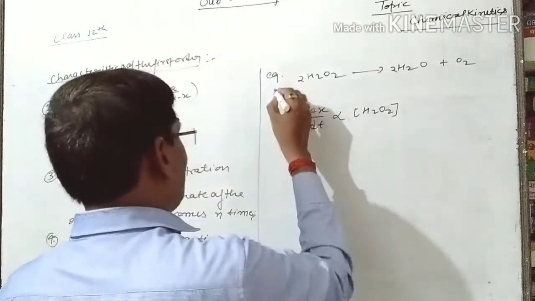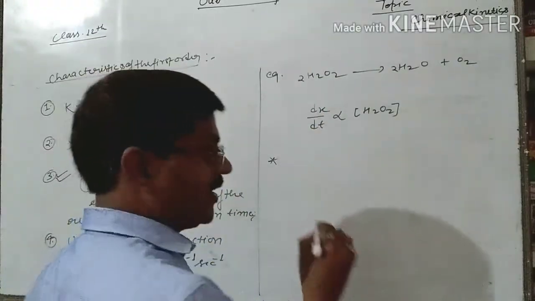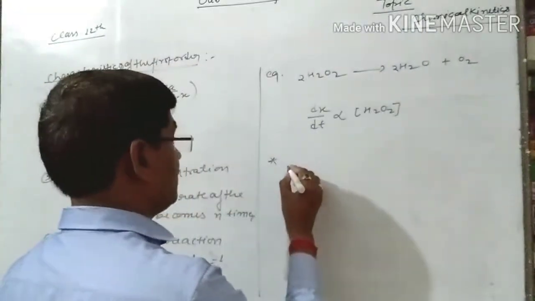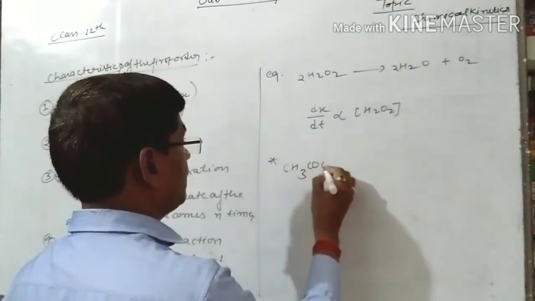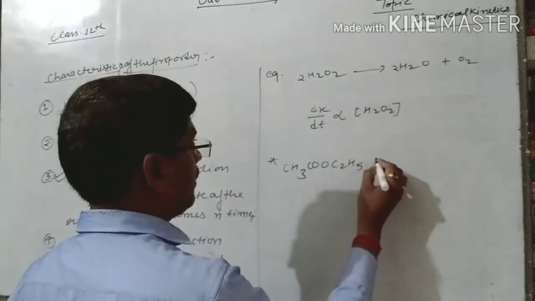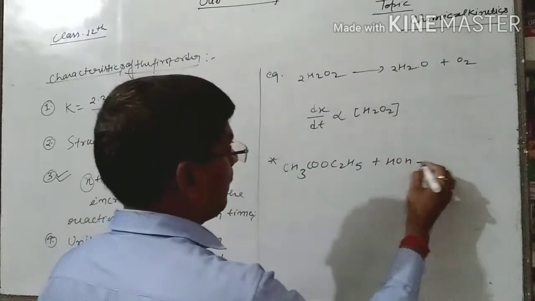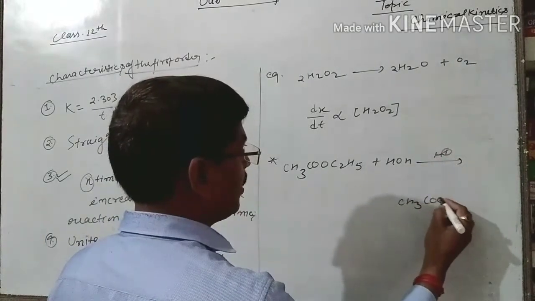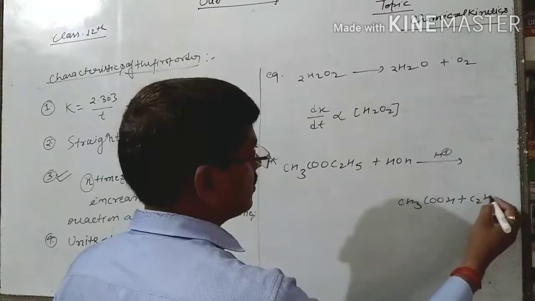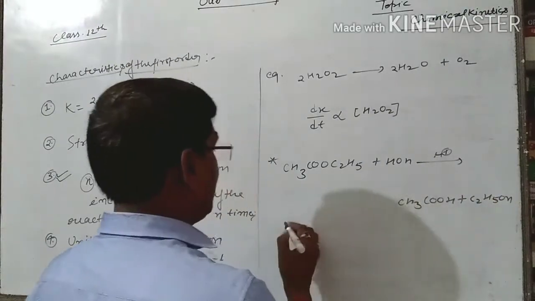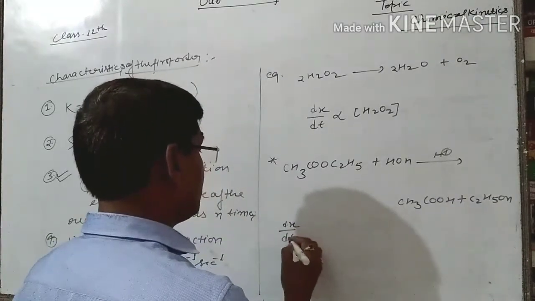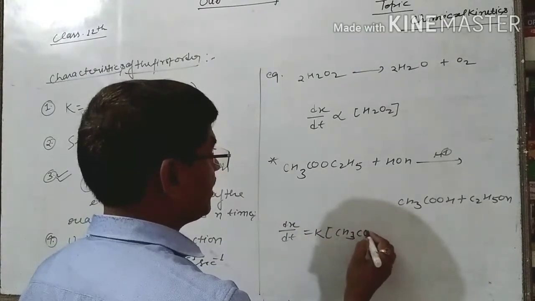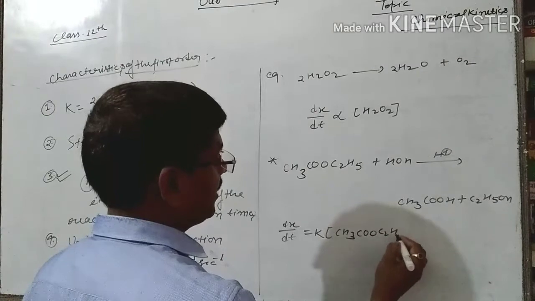After that, next example, suppose I have taken hydrolysis of ester. It will give CH3COOH, which is acetic acid, and C2H5OH. Here dx by dt is also equal to k times the concentration of CH3COOC2H5.